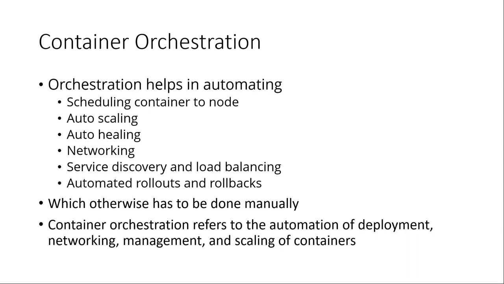In case a node goes out, the container will be brought up in another node. Networking, service discovery and load balancing in case you have multiple instances of your container, automatic rollouts, and rollbacks in case you want to come back. So these things without orchestration you will have to do manually.